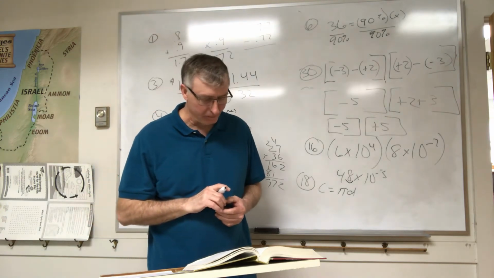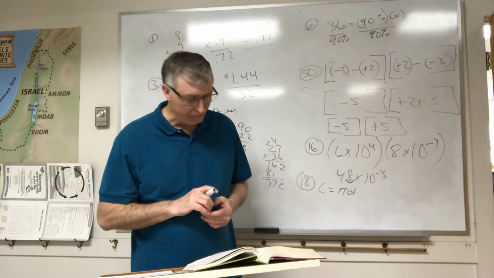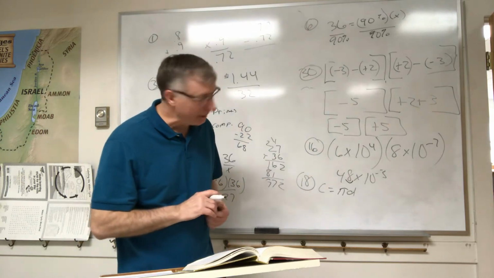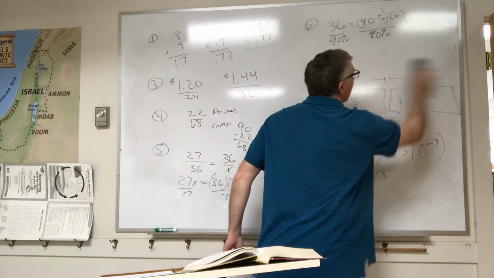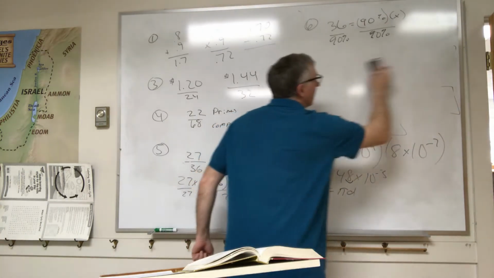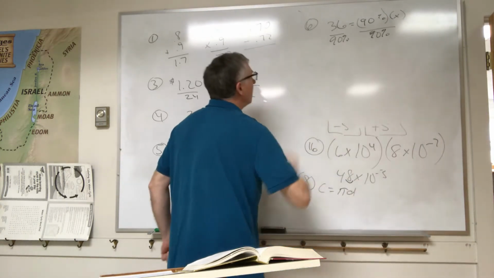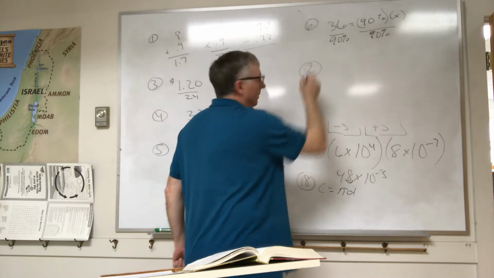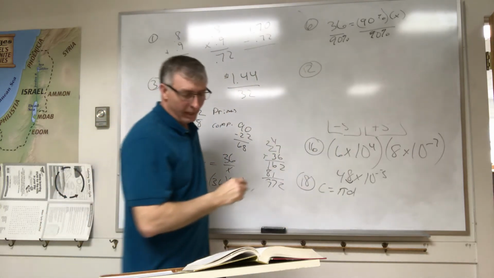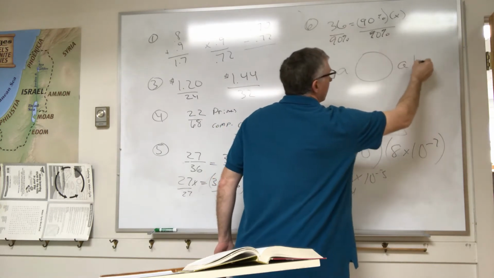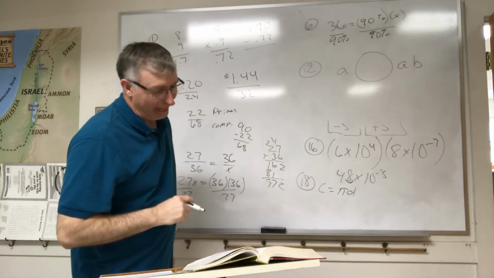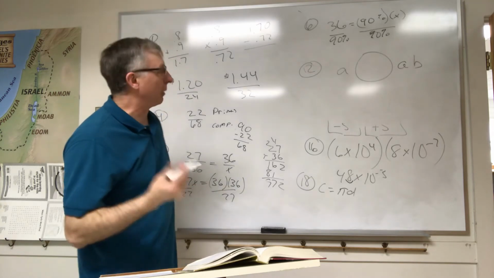Number 12. Compare A and AB if A is less than 0 and B is greater than 1.